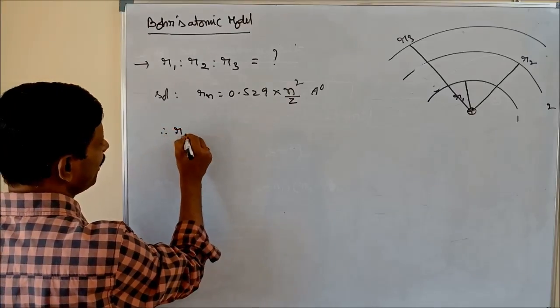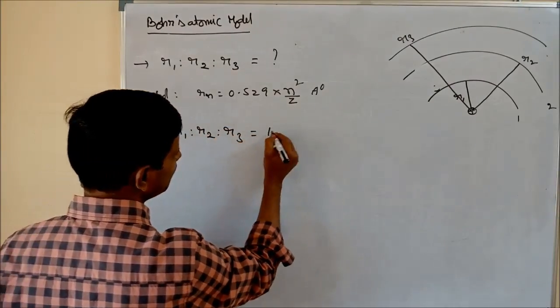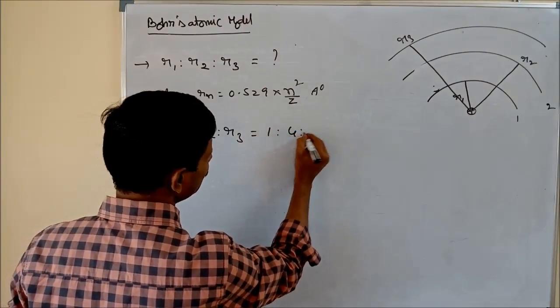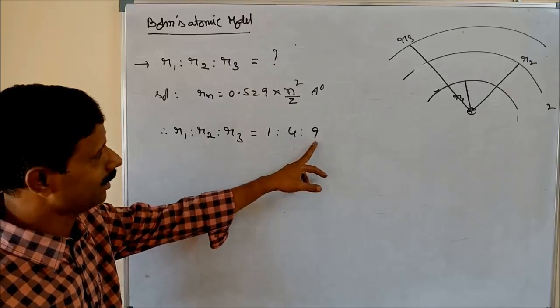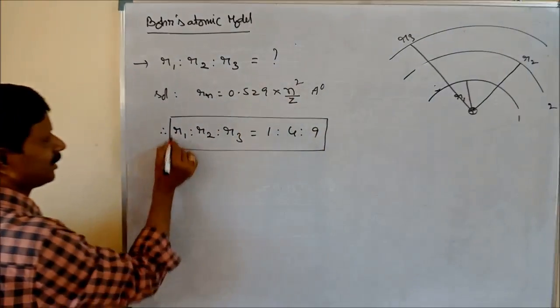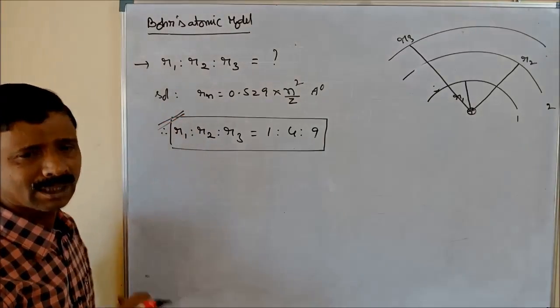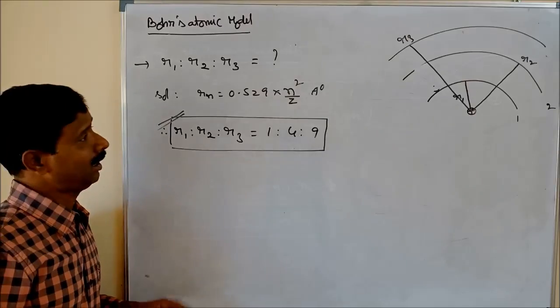Therefore, R1 is to R2 is to R3 is nothing but 1 is to 4 is to 9, that is 1 square, 2 square and 3 square. So like this, you have to compare the ratios. This is another important point as far as radius is concerned.